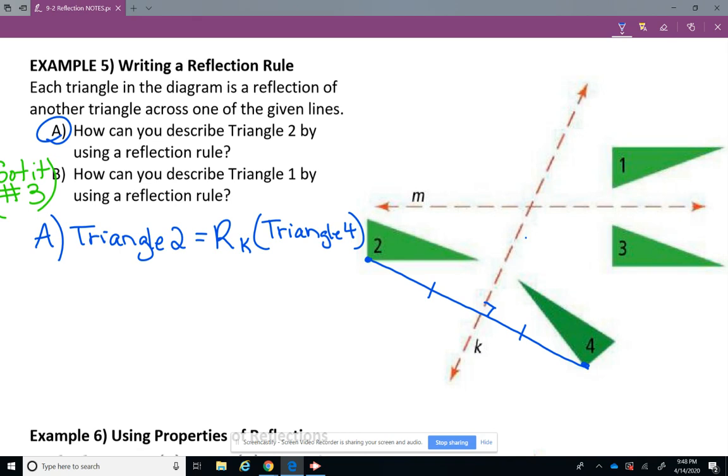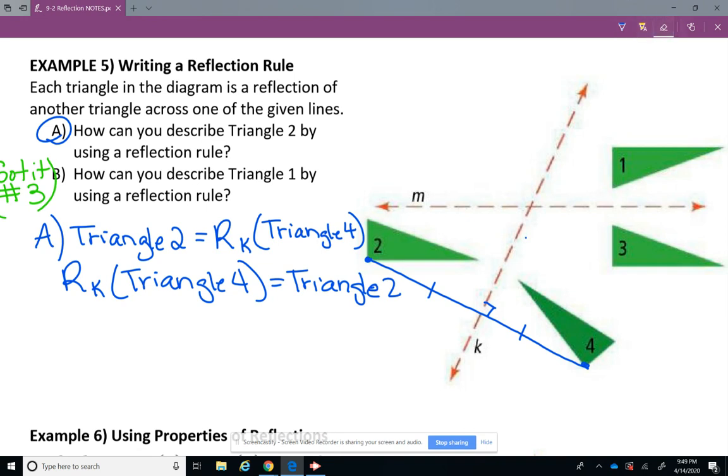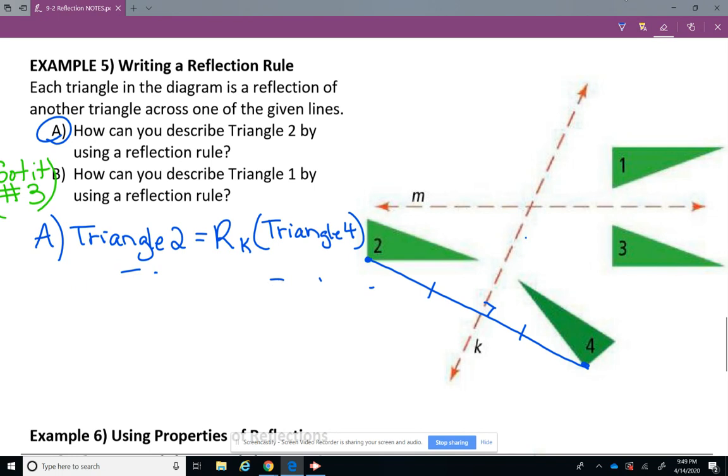Now, they said, how can you describe triangle 2 by using a reflection rule? So they wanted us to describe 2, so that's why I started with that one. But really you could have written it this way. You could have said the reflection over K of triangle 4 equals triangle 2. 2's the one they just wanted a description of. All right, so either way is fine.